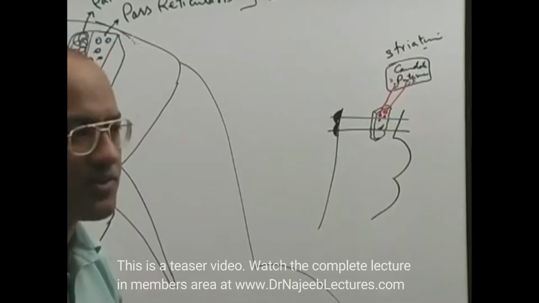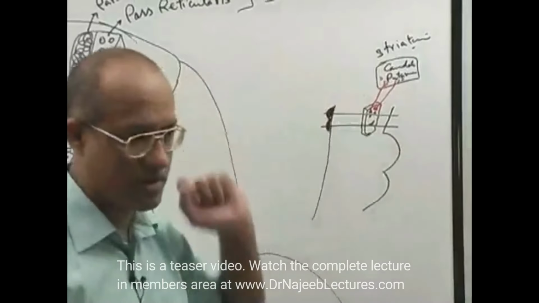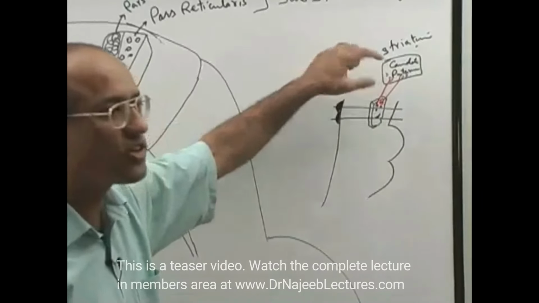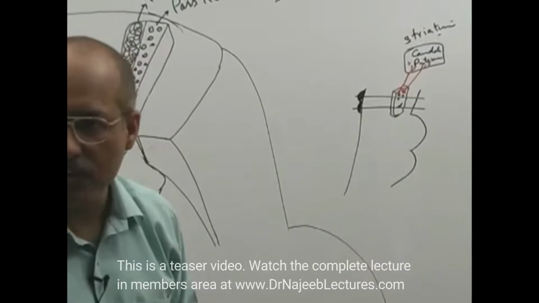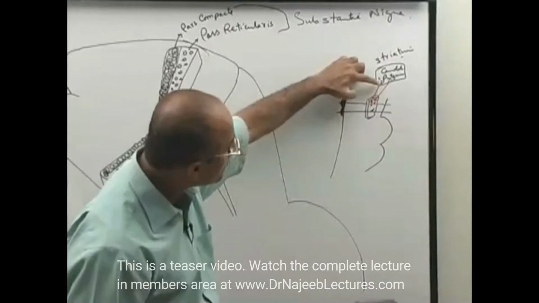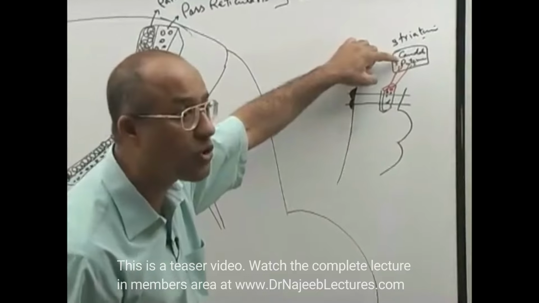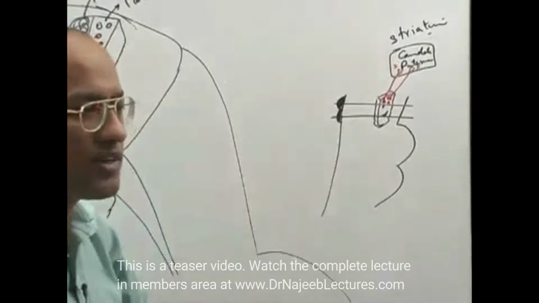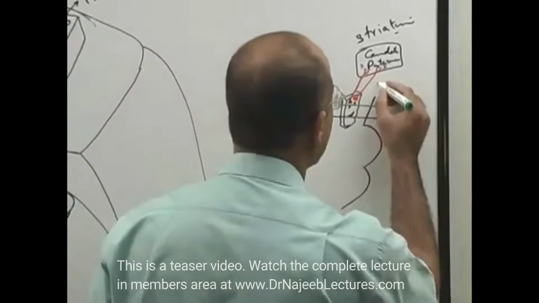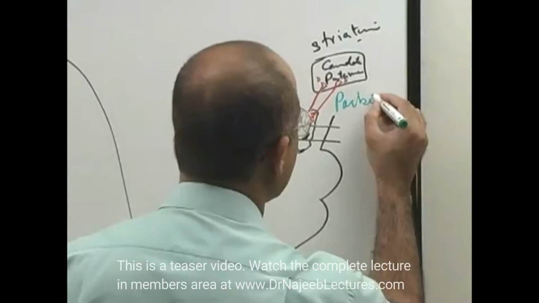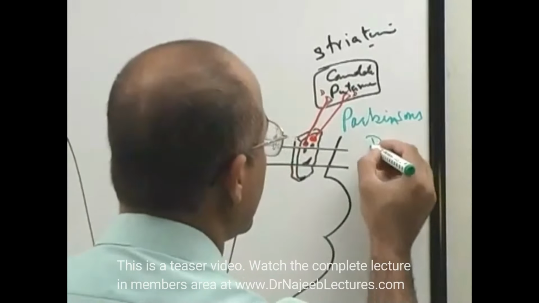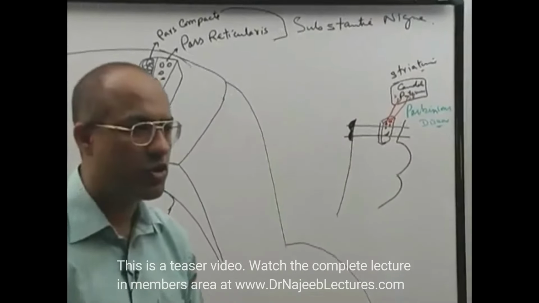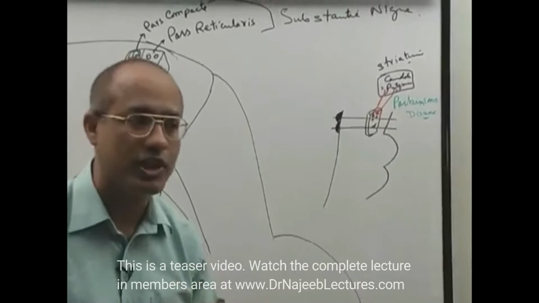I will not discuss every pathway in detail, but this is extremely important because with old age, in some people, this pathway degenerates. When nigrostriatal pathway degenerates, there is deficiency of dopaminergic activity in the striatum. And that results in a disease called Parkinson's disease, in which a person develops difficulty in initiating movement.